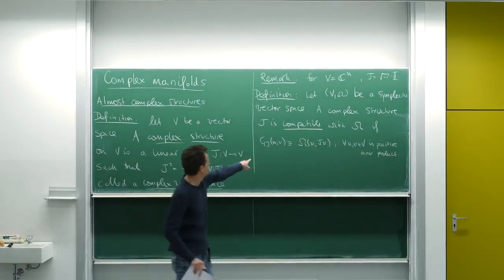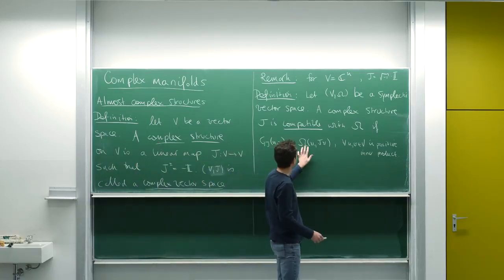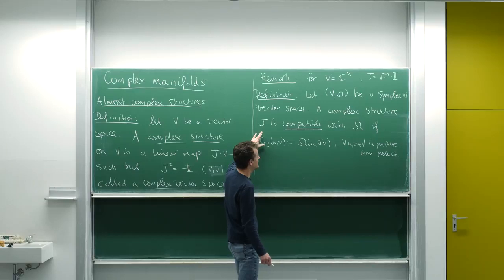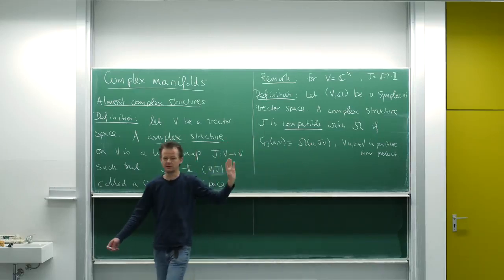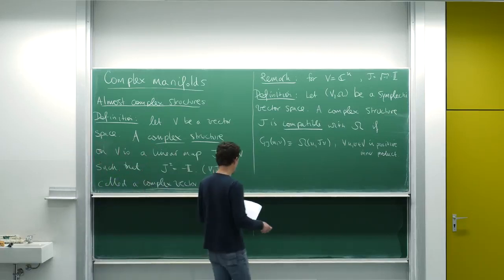So the play nicely condition is, if you take the symplectic form and you build this new bilinear form using the complex structure, then this thing here is an inner product. That's what it means for these two structures to play nicely with each other. It's a definition.